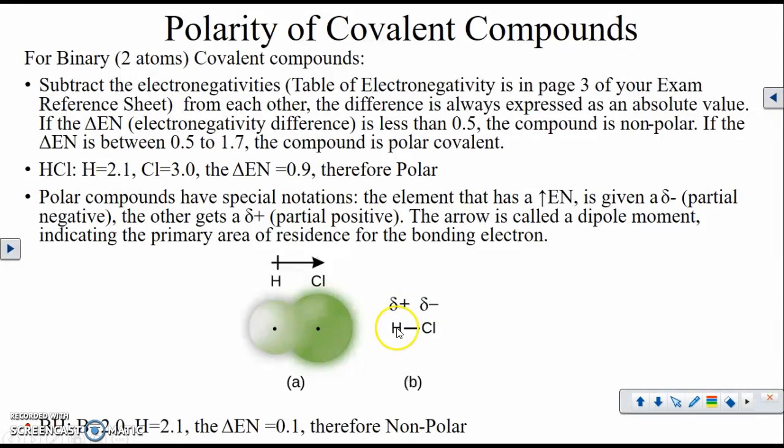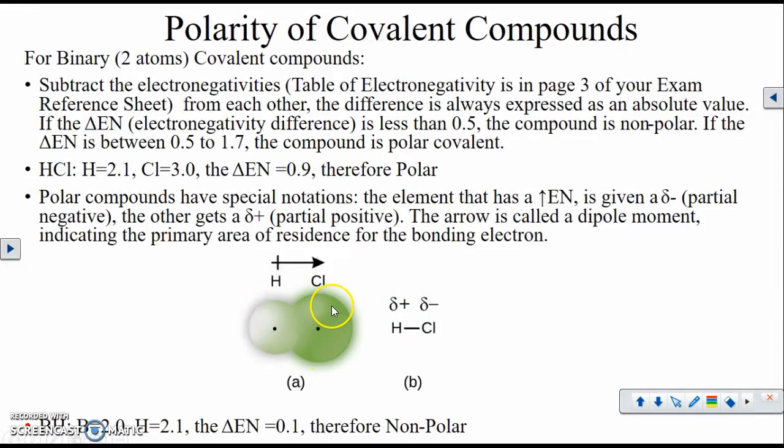Recall that electrons are negative. So if something negative is around you more often, you become partial negative. If something negative is away from you more often, you become partial positive. And that's why we have this big cloud.